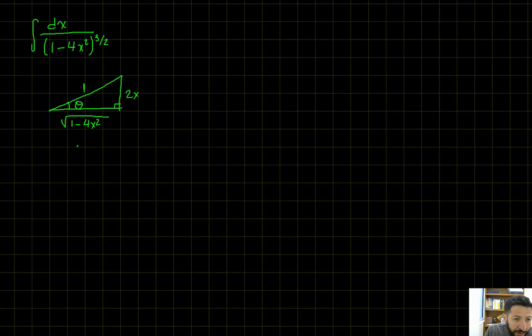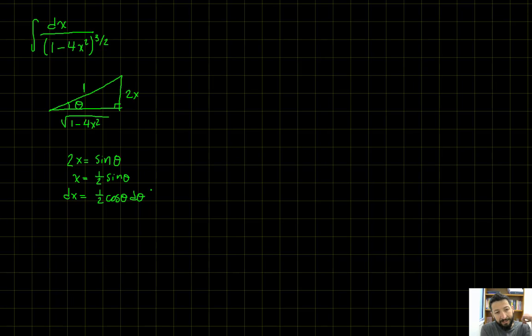And then we get that opposite over hypotenuse, which is just going to be 2x, is going to be equal to the sine of the angle. And probably a little bit nicer to write x as 1/2 of the sine of the angle. From here we can take our derivative and get that dx is going to be equal to 1/2 of the cosine of the angle d theta.